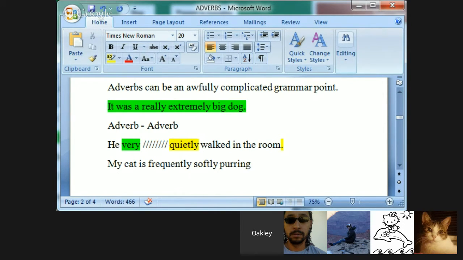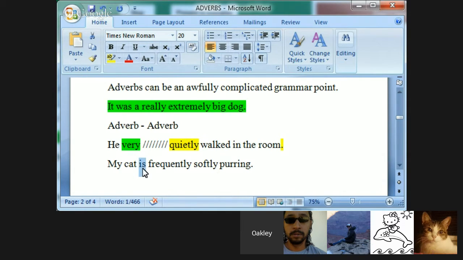How about this? My cat is frequently softly purring. Or, in this case, my cat is frequently loudly purring. Okay. Anyway, here we've got our adverbs.